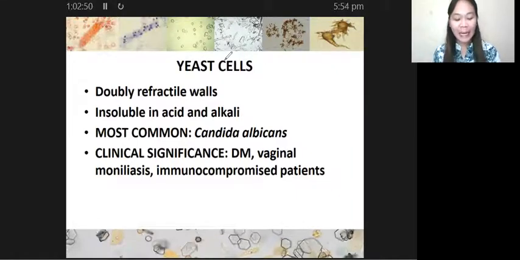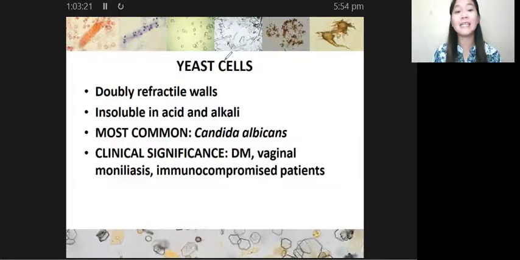So what is the clinical significance of your yeast cells? Particularly, Candida albicans is an opportunistic pathogen. That means if there is something wrong with the immune system of the patient, this can result in an infection, an opportunistic infection for that matter. Yeast cells may be seen in patients suffering from diabetes mellitus.